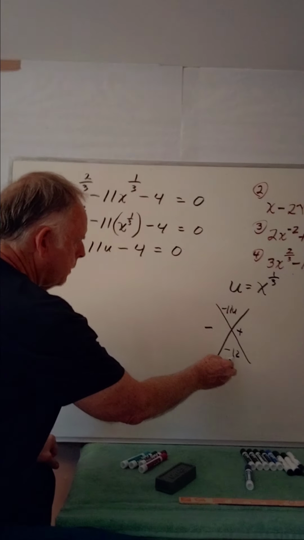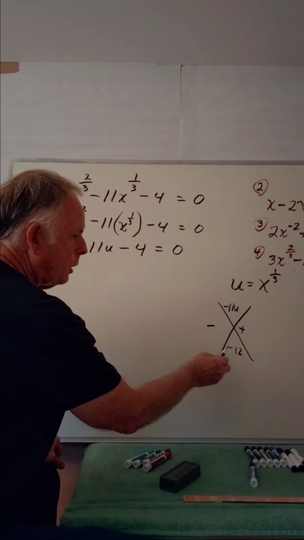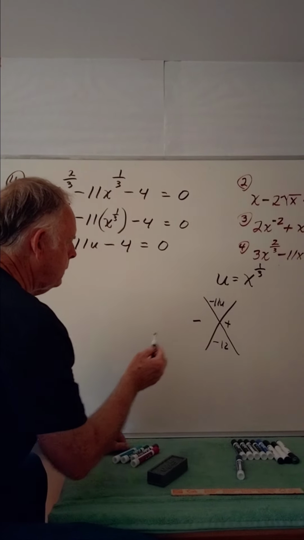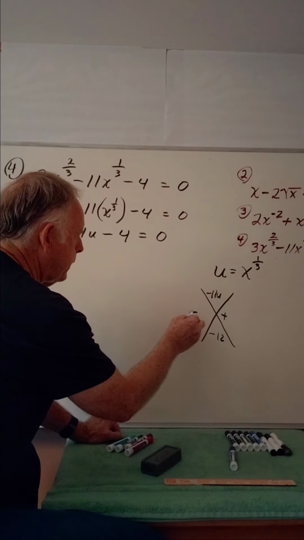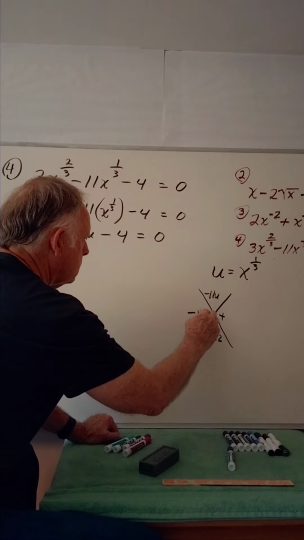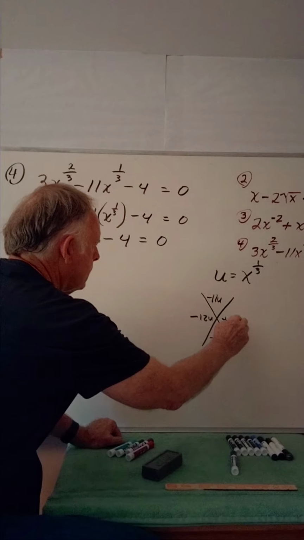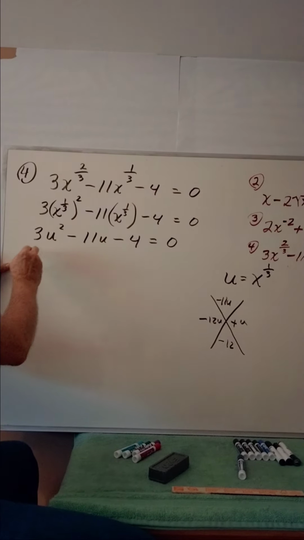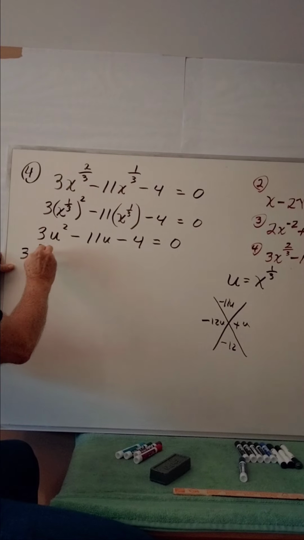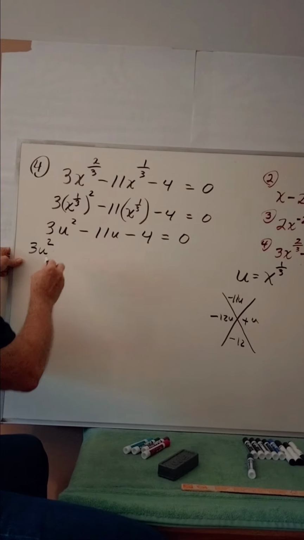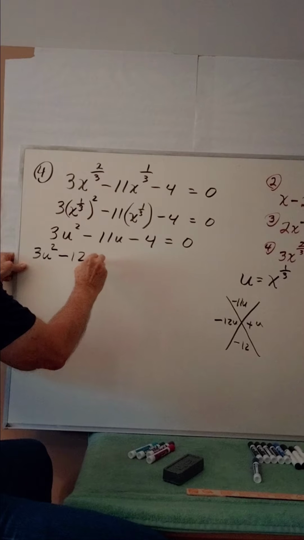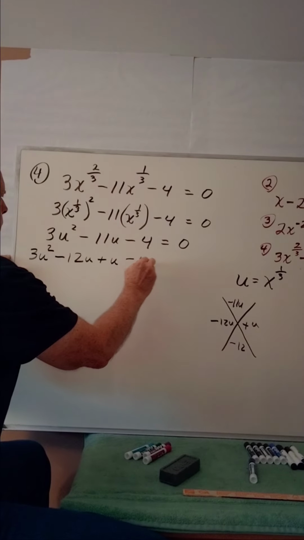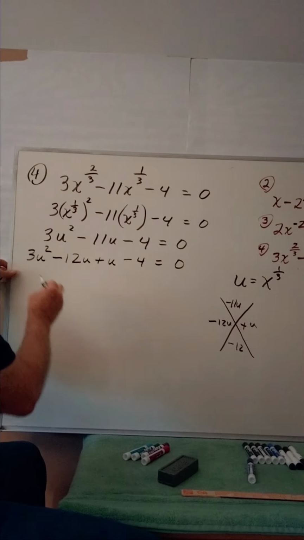Two factors of 12 that when subtracted from one another would give us 11 would have to be 12 and 1, with 12 carrying the sign of the middle term and the other u going in the other spot. Bring down the 3u squared. Then bring in 9 o'clock, then 3 o'clock, then bring down the negative 4, and that's equal to 0.